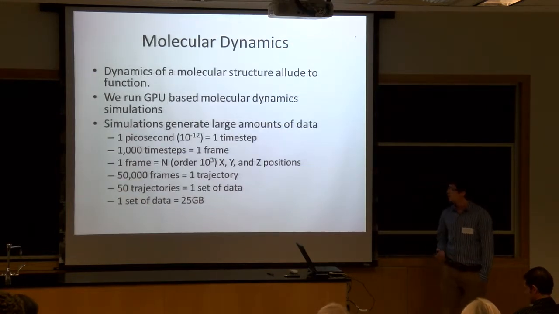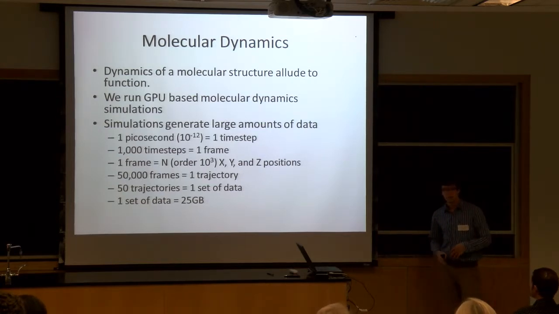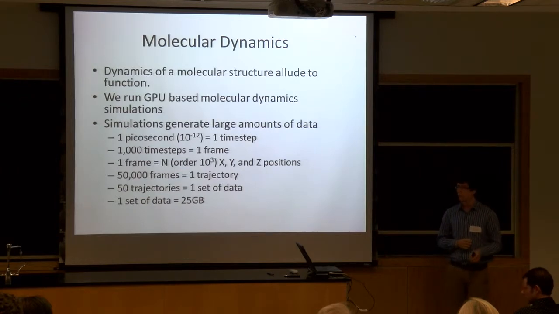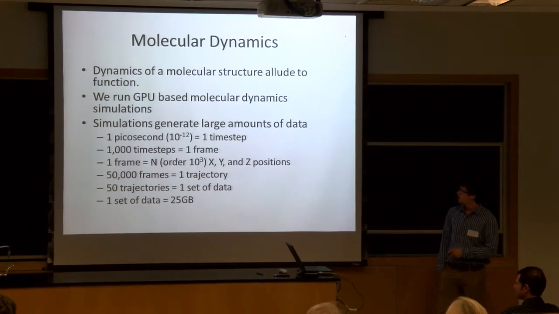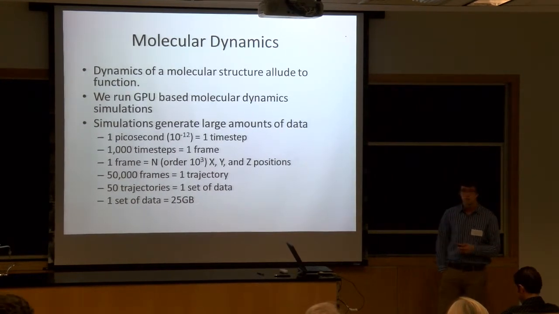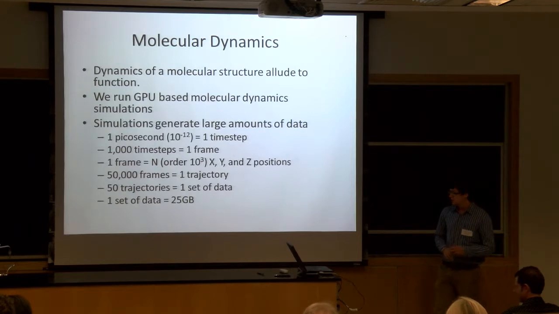The molecular dynamics that we do produce a lot of data. We've moved these to GPUs, and they run a lot faster, but they still produce a lot of data. Currently we analyze this data with CPU programs, and it takes longer than the simulations themselves. The output is a total of about 25 gigabytes of data, pretty much a movie of these proteins moving: snapshots or frames of the XYZ position of the whole protein in space as a function of time.